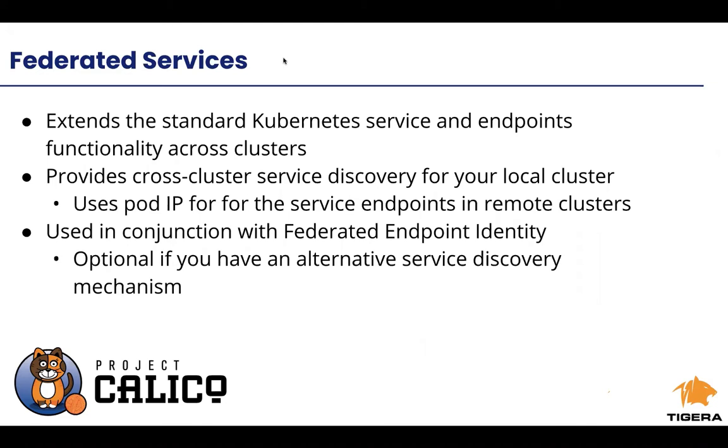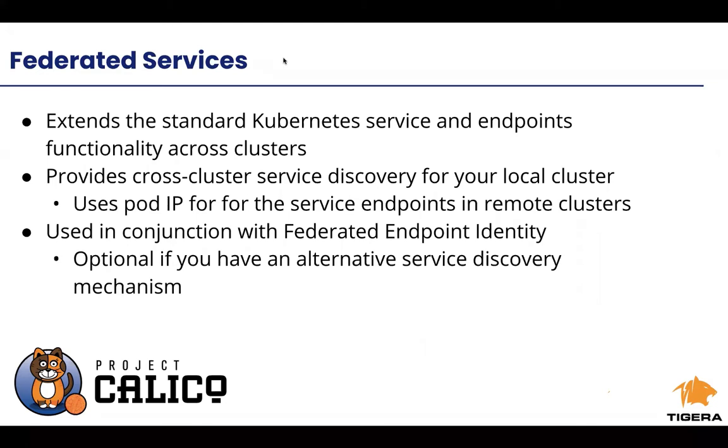As you'll see here in just a little bit, we're going to create federated services, and you'll see how we can extend the services across the set of clusters. This provides cross-cluster service discovery for your local cluster.